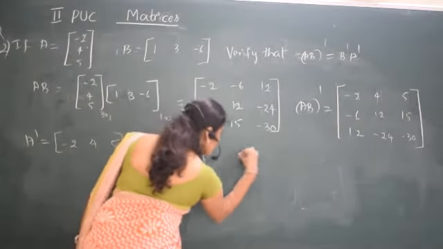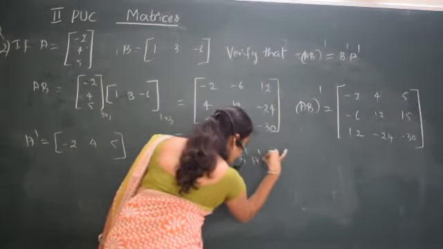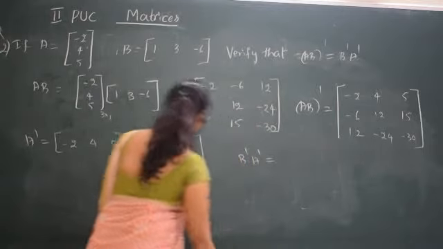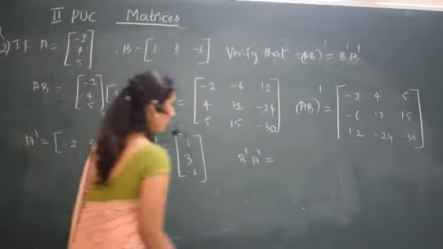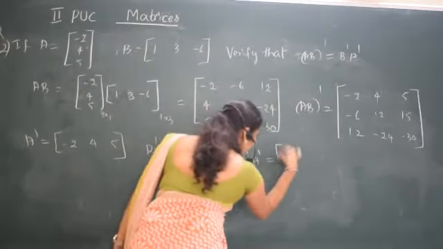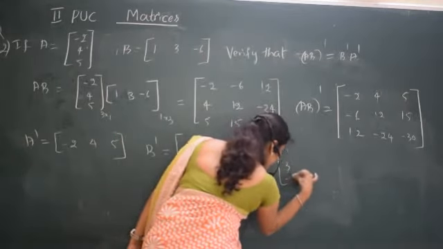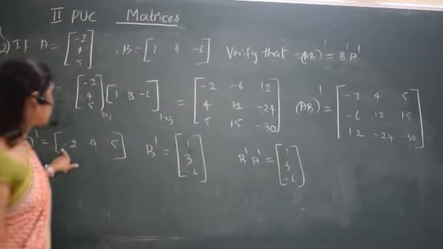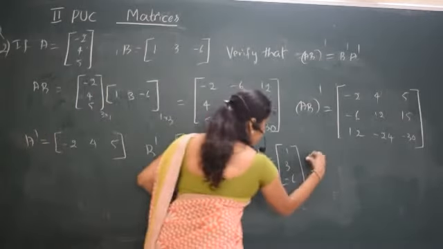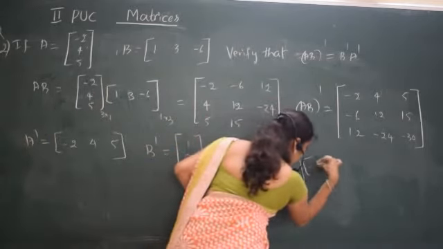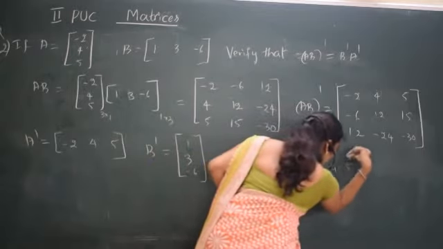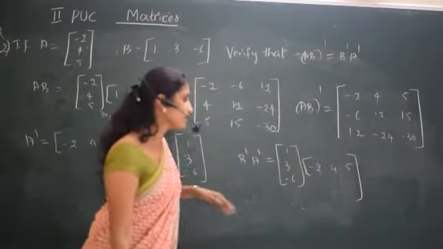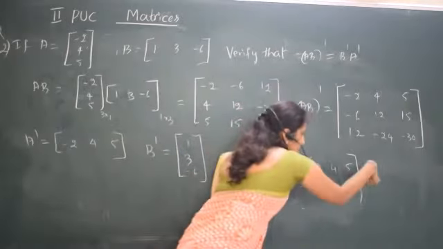B transpose into A transpose. B transpose is 1, 3, -6. Then A transpose is -2, 4, 5. Again we can see these two matrices.